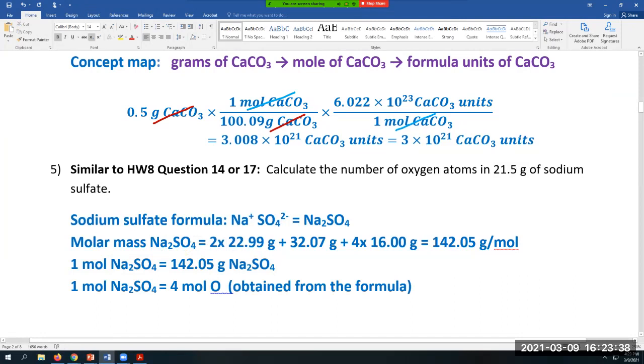So in one formula, we have 4 atoms, but in 1 mole of this formula, we have 4 moles of oxygen, right? You just add mole to formula and atoms. So that was obtained from the formula, right?